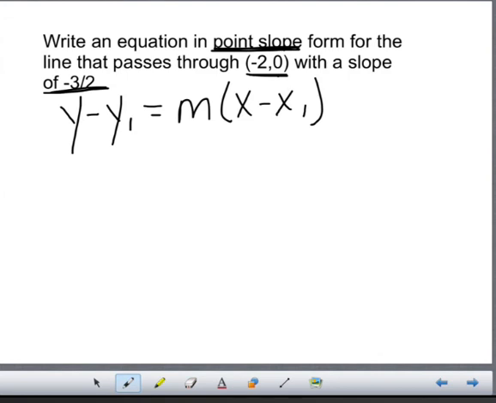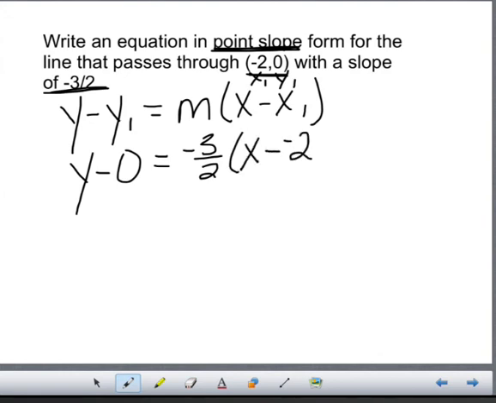So plugging in what I know, this would be my x1, my y1. So I'm just going to have y minus 0 equals negative 3 halves times x minus a negative 2. So what have I got? y minus 0 is just y equals negative 3 halves x minus a negative is really plus 2.